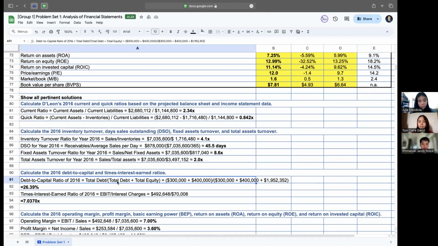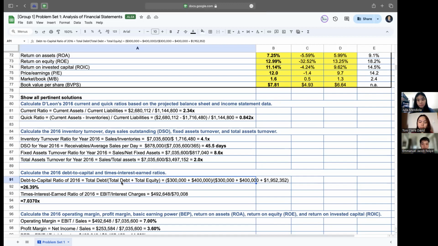By looking at 2016 data, the total debt would only include those of long-term in nature because the ratio only assesses a company's capability of meeting its long-term financial obligations. This provides a clear image of a company's long-term financial stability. So total debt would include notes payable and long-term bonds.